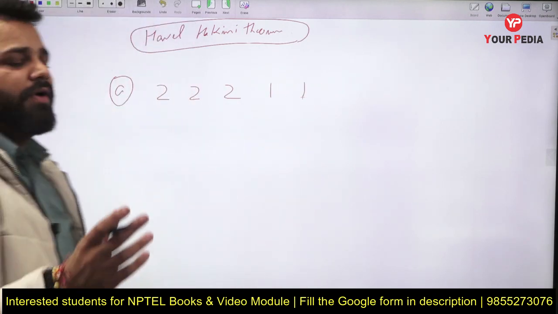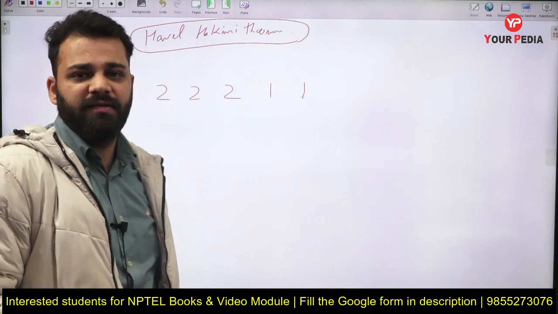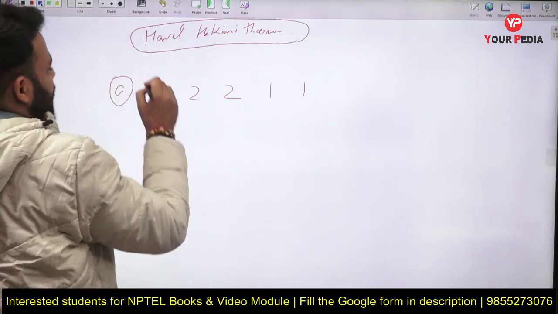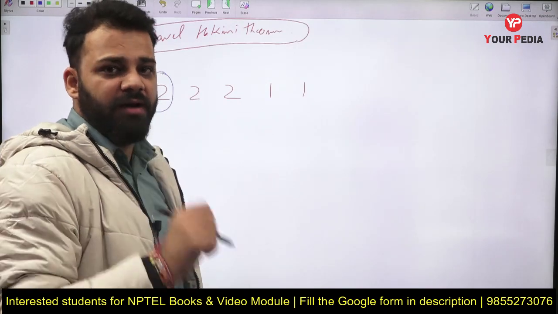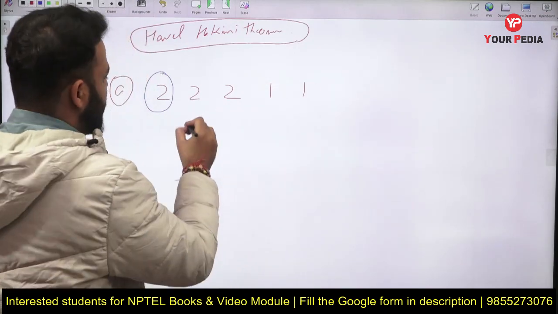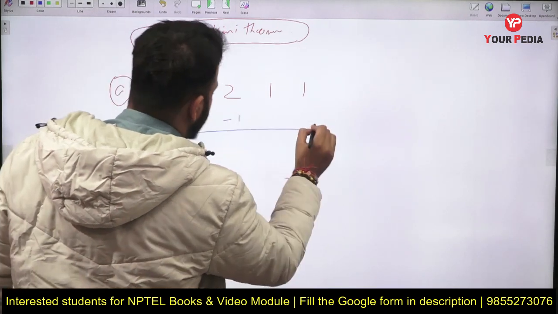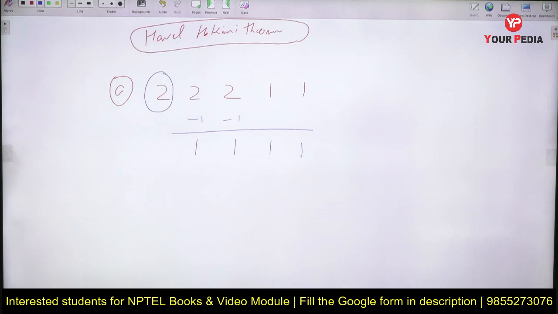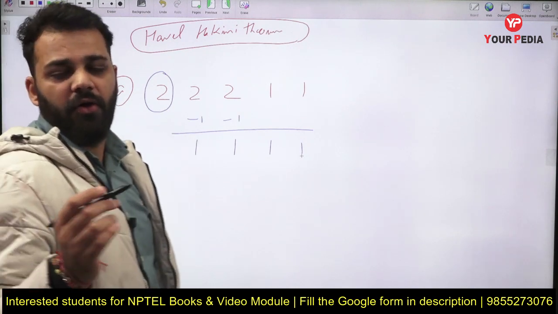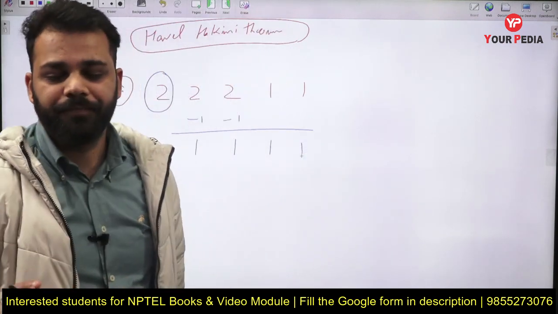Now what we do in this Havel-Hakimi theorem is, we take the first element, which is 2. So we will subtract 1 from the next 2 elements and it will come out to be 1, 1, 1, 1. Now you can move further or you can stop here.